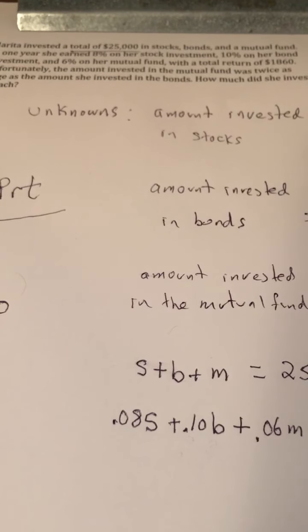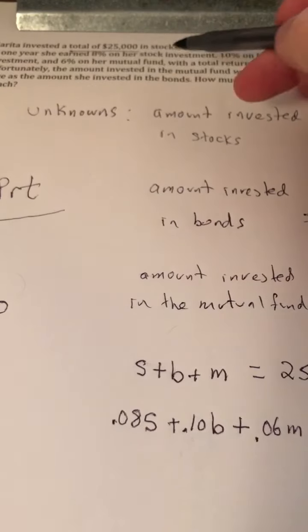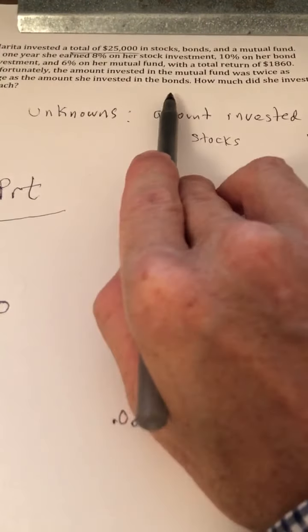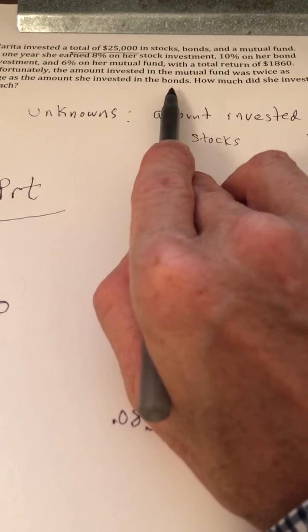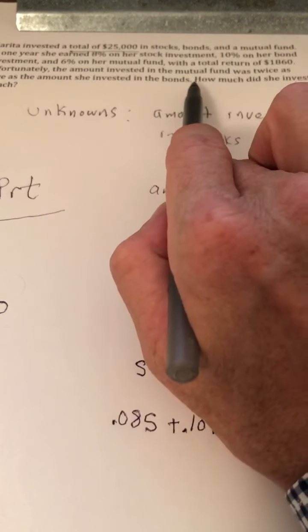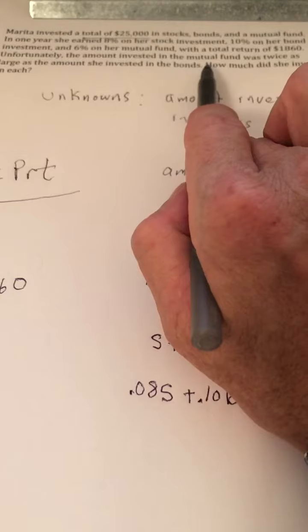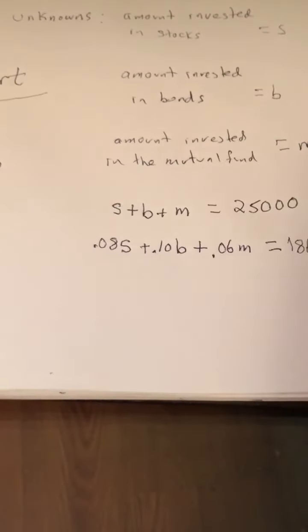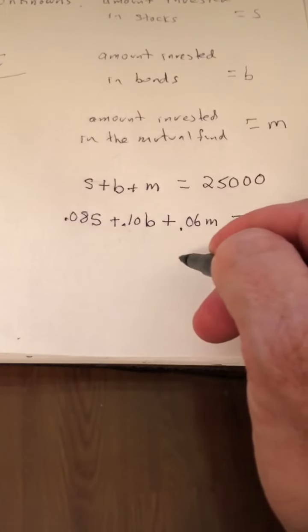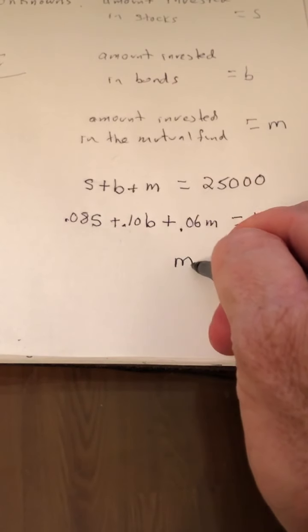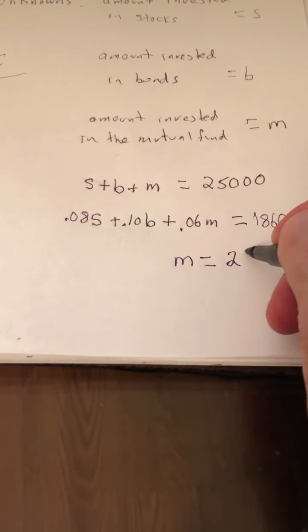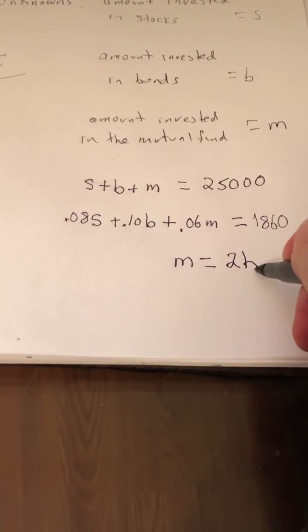The amount invested in the mutual fund is twice the amount she invested in the bonds. So if you know how much she invested in bonds, twice that is the amount in the mutual fund. So what that means is the amount invested in the mutual fund is twice the amount invested in the bond.